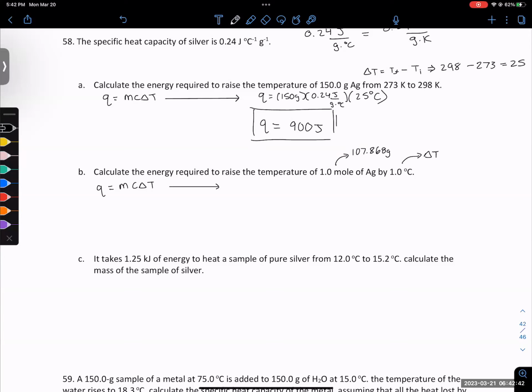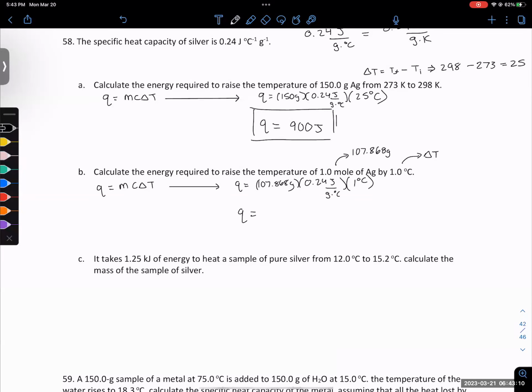Our Q is equal to the mass of 1 mole, which we got from the periodic table, 107.868 grams. Our specific heat is still 0.24 joules per gram degree Celsius, and our change in temperature is just 1.